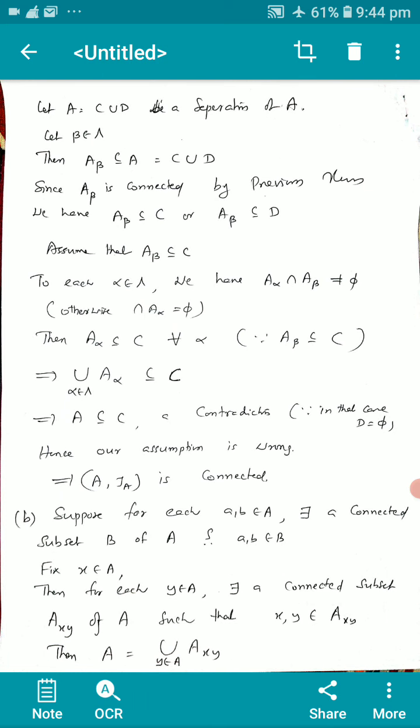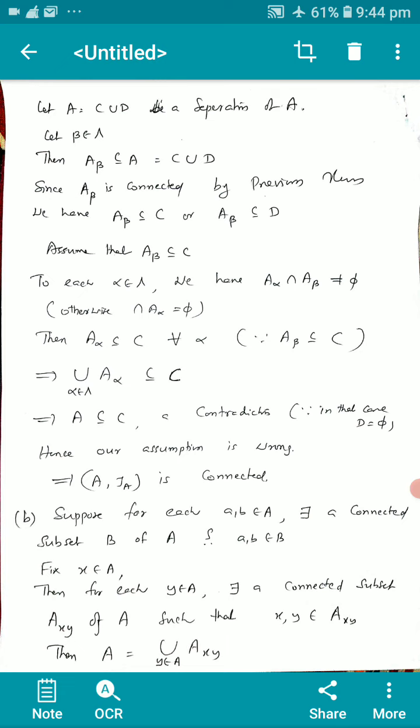Now taking part B, the proof for part B. Suppose for each a, b elements of A, there is a connected subset B of A such that both a and b are elements of B. So fix x in A. Then for each y in A, there exists a connected subset A_xy of A such that x and y are elements of A_xy. Then what is A?